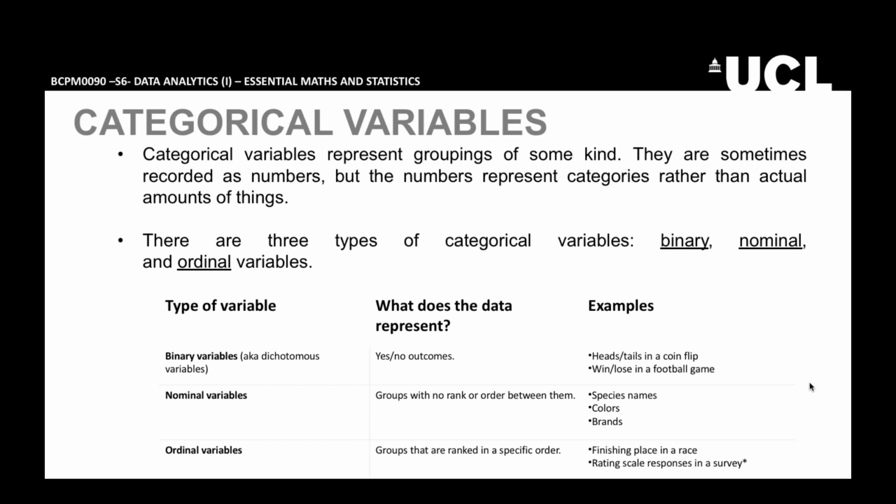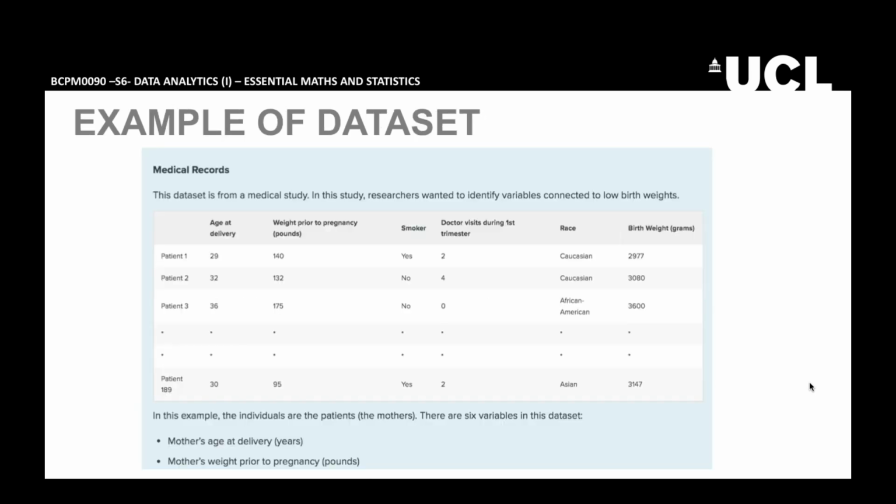Binary are, for example, the yes-no outcomes. Nominal variables represent groups with no order, no rank between them, like for example colors, and ordinal variables represent groups that are ranked in a specific order, like for example the finishing place in a race.